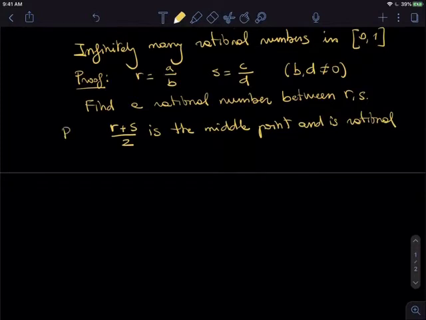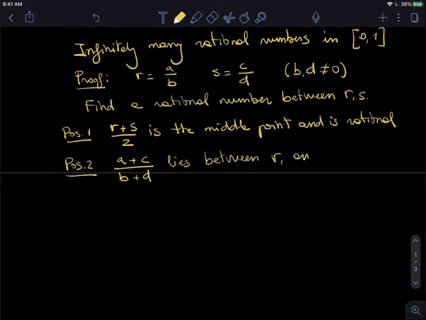This is possibility 1. Possibility number 2, you could say a plus c divided by b plus d lies between r and s.